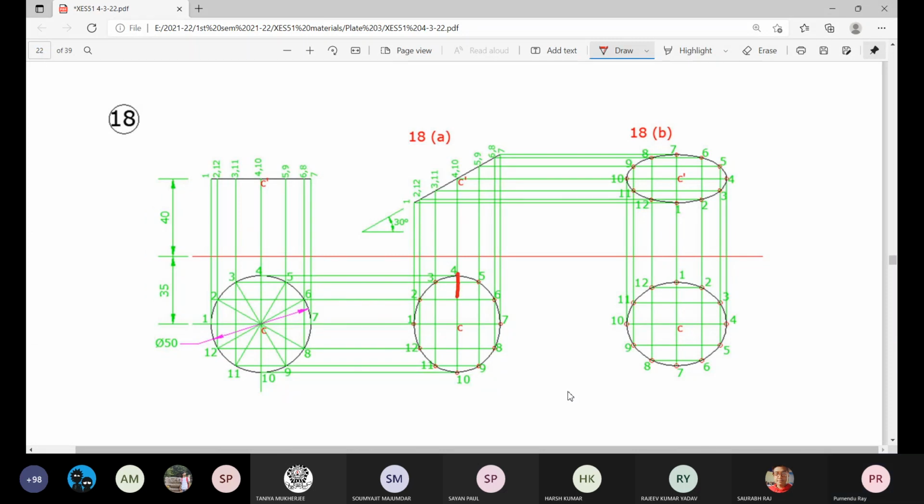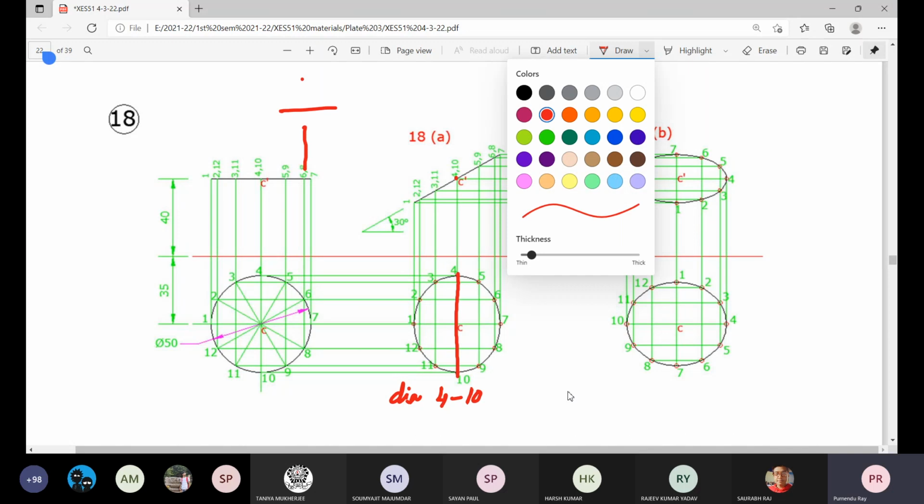So this diameter 4-10 is perpendicular to VP, and it is a single point here overlapping with the elevation of C, the center. Now from this configuration of a line perpendicular to VP and parallel to HP, how can we make it parallel to both the planes?